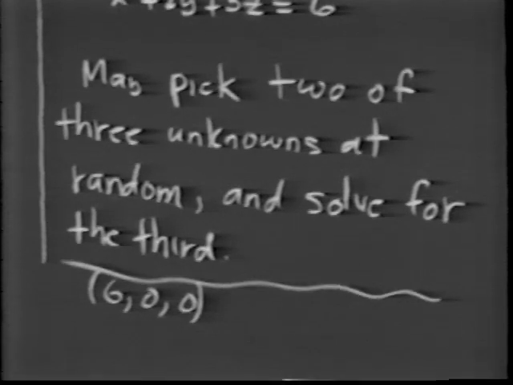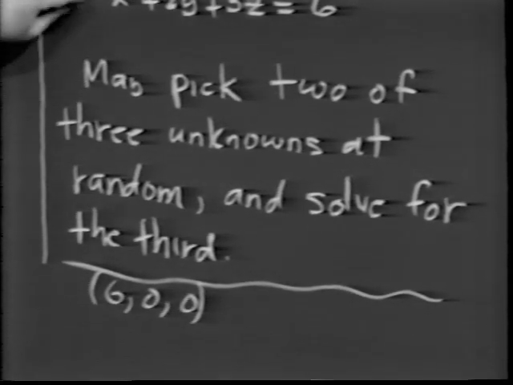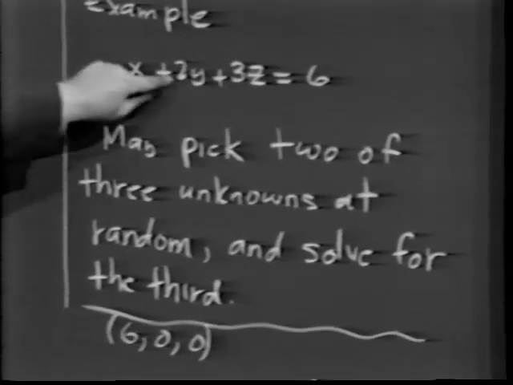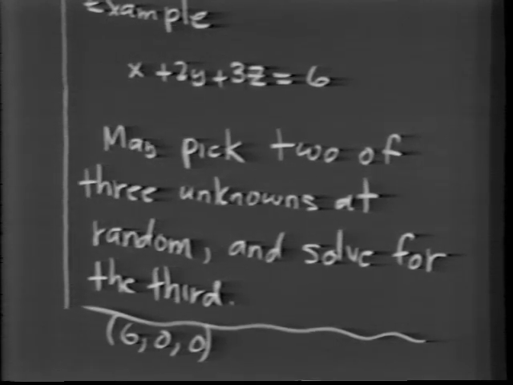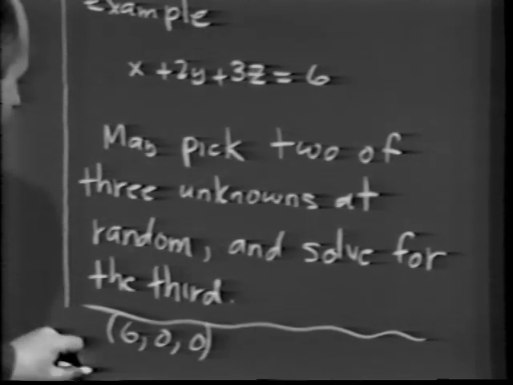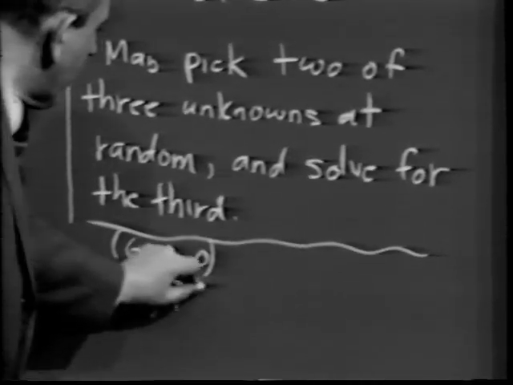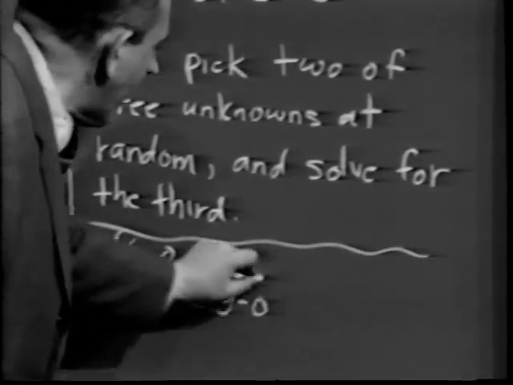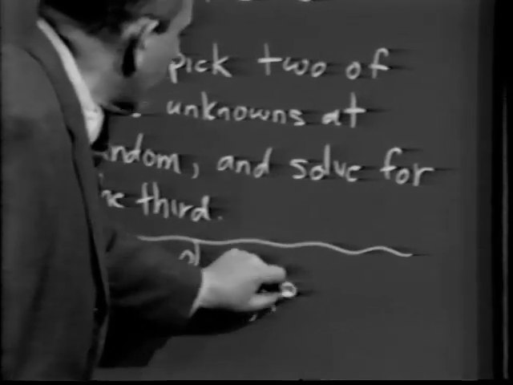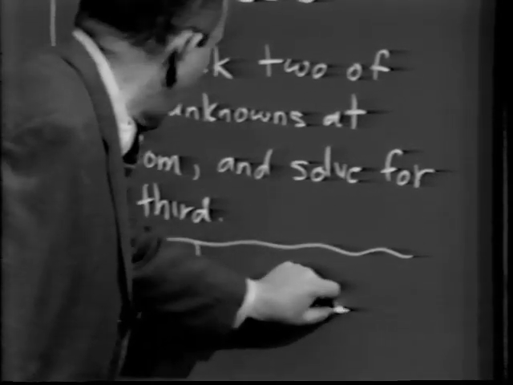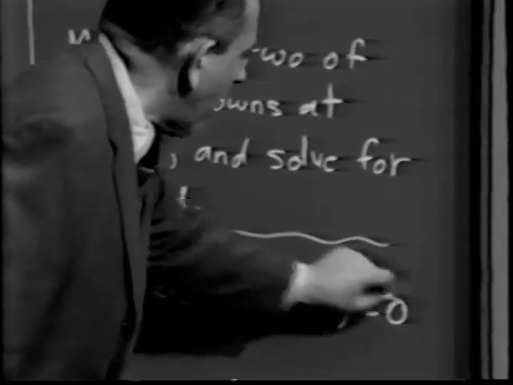What is a vector perpendicular to this plane? It's the vector 1i plus 2j plus 3k. So using the standard form, we could write what? x minus 6 plus 2 times y minus 0 plus 3 times z minus 0 equals 0.